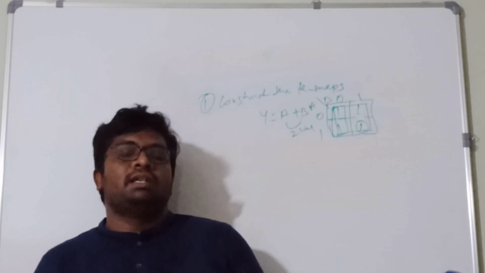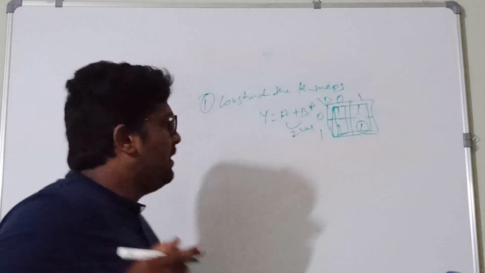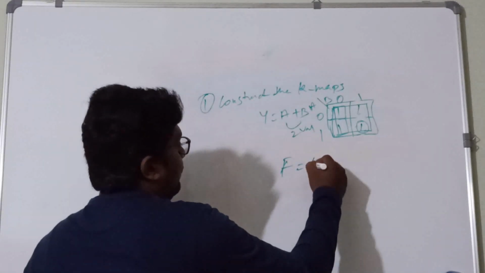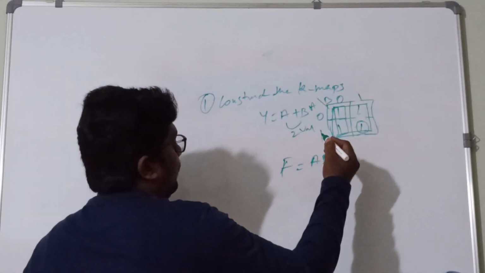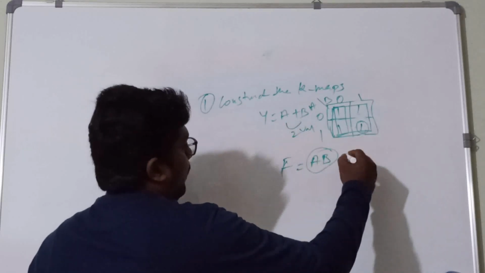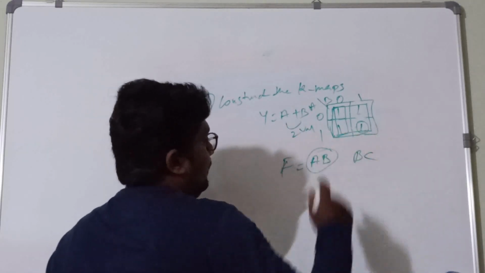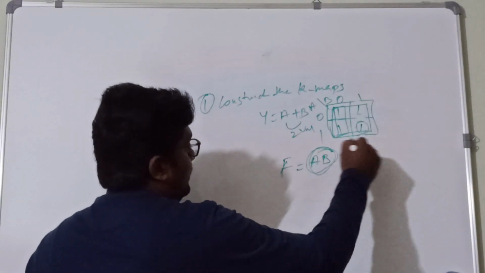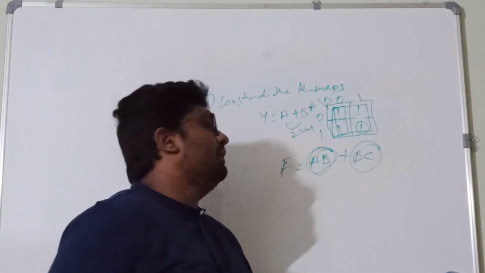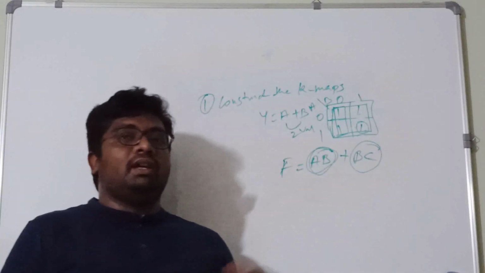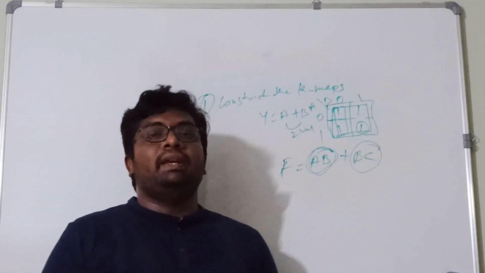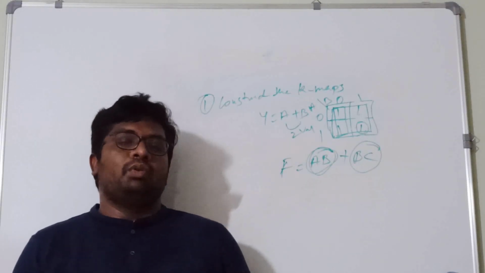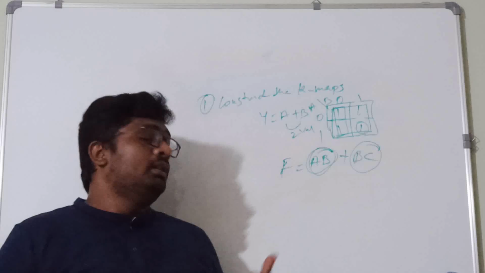For example, if you get the output F equals AB for one pair and BC for another pair, finally we need to sum all these grouping values, right? This is how we minimize or simplify the Boolean expression using the K-map.